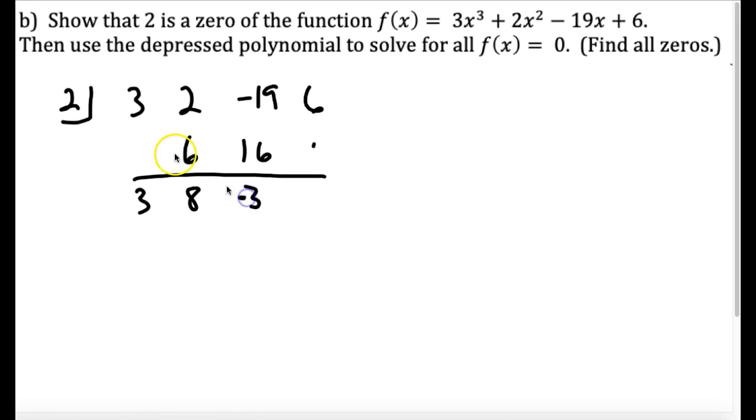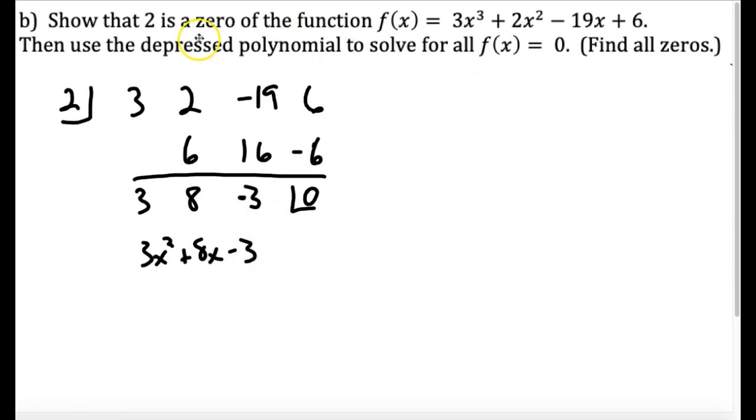Forgot my negative sign there. Multiply, so we get negative 6, and then we get a 0 remainder. Since we get a 0 remainder, that means 2 is a 0 of this function. So what we're left with, since I started with a cubic, is 3x squared plus 8x minus 3.